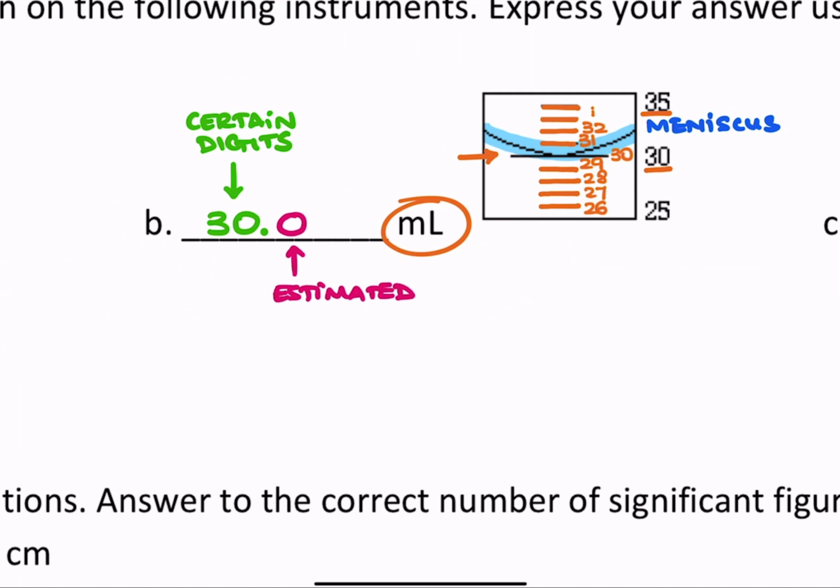If you decided to make this a 0.1, that would be completely okay. If you think that it's slightly above the 30 line, that's okay, and you will get full credit. So we do have 3 parts of the measurement. We have our certain digit, the 30. We have our estimated digit, the 0 after the point, and then the unit, which is the milliliter.